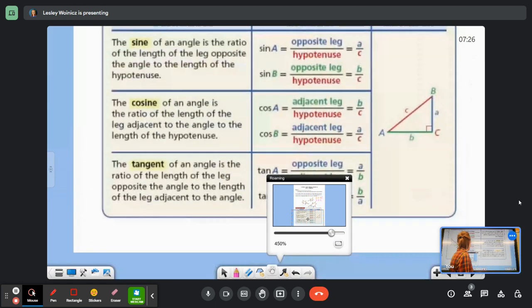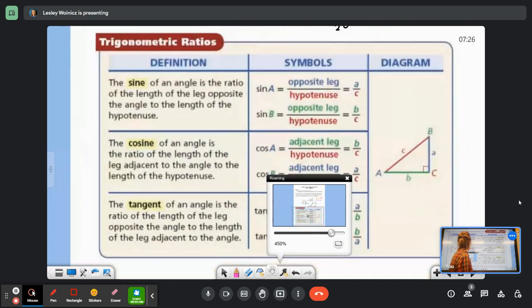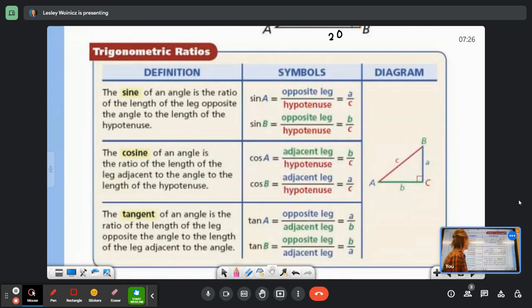All right, let's look down here. These are defining specific ratios in the triangle. The sine of an angle is the ratio of the length of the leg opposite that angle to the length of the hypotenuse.